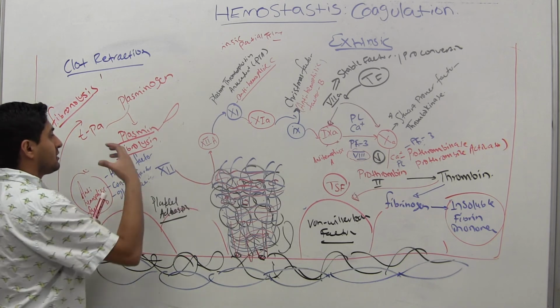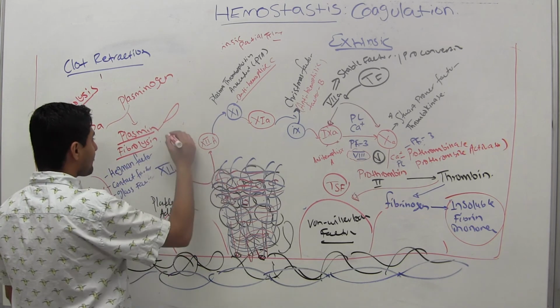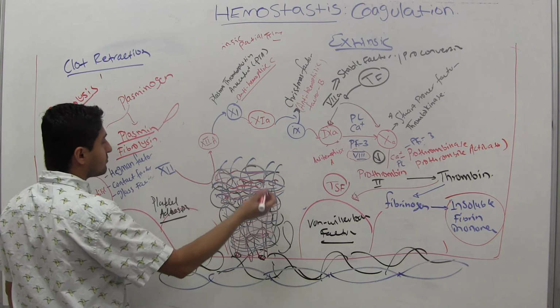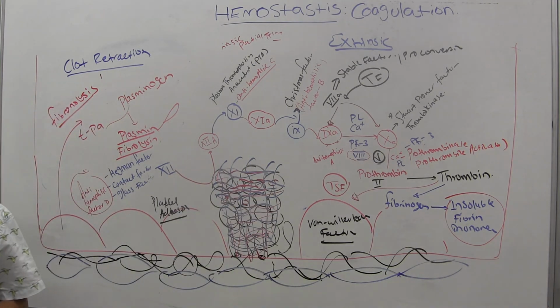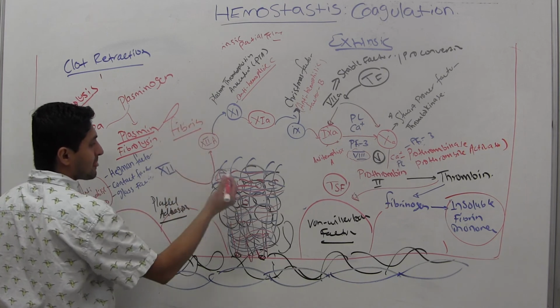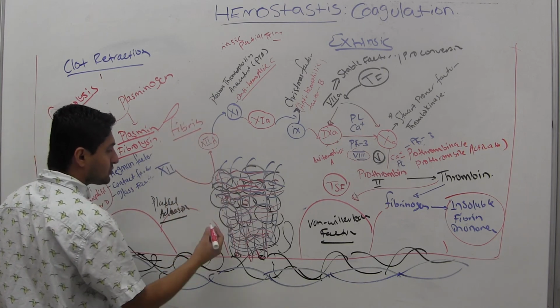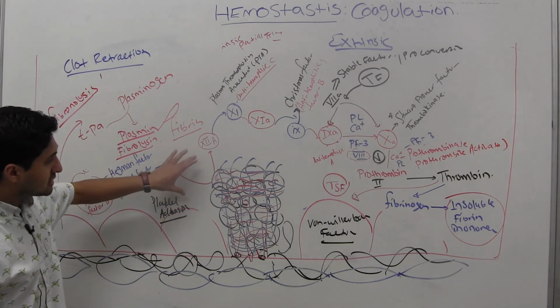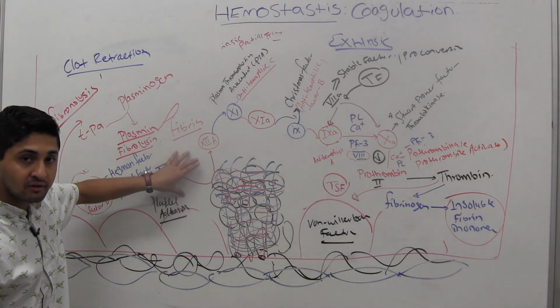So it cuts the fibrin polymers and all those monomers from different parts, right? When it breaks down the meshwork from the various places by cutting fibrin, those fibrin pieces start circulating in the blood. And what happens to that?